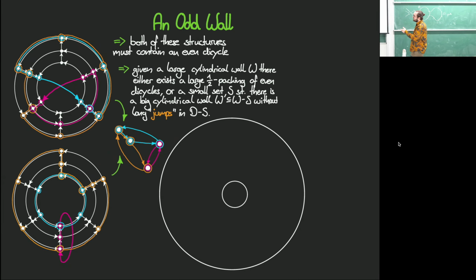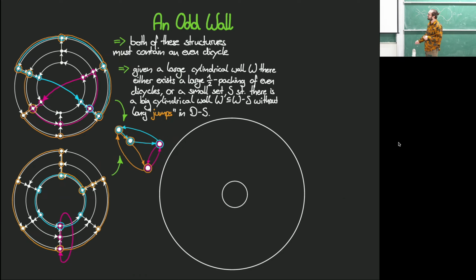So this I can use because this means there's a very small jumping structure I need to certify the existence of even directed cycles. And this means if I take a big cylindrical wall, if I have many disjoint parts that kind of jump far in the wall, I immediately get many of these guys, so many even dicycles, I'm happy. So this means there's a small set I can remove to get rid of all of these jumps.